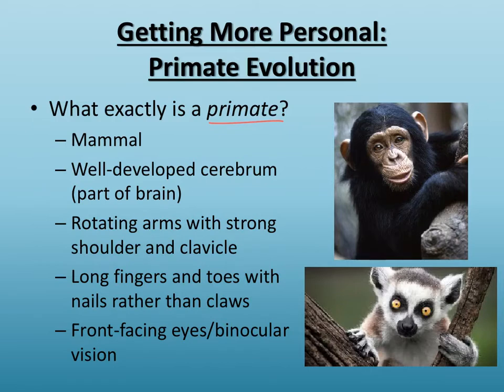That's a primate thing. You also have long fingers and toes with more flattened nails versus sharp claws. Again, look at your dog or cat. Look at their little kind of stubby fingers that they have on their hands and feet, on their paws, compared to your hands. And then you also have front-facing eyes, or binocular vision, meaning that you put the two pictures together into one picture.